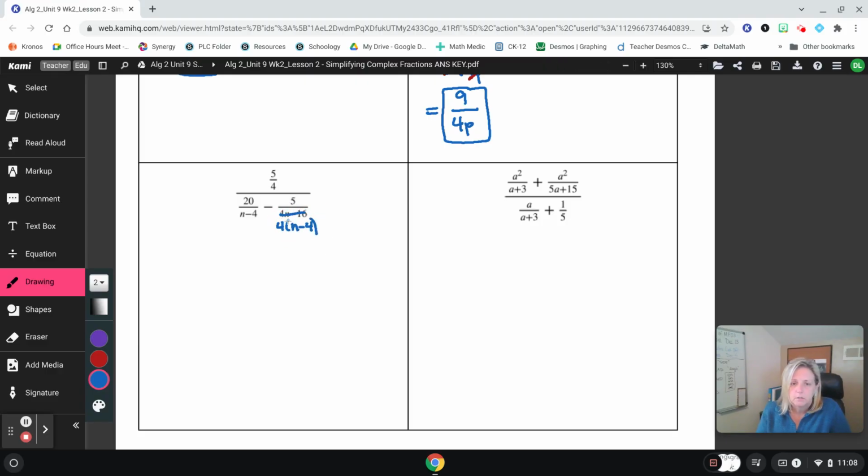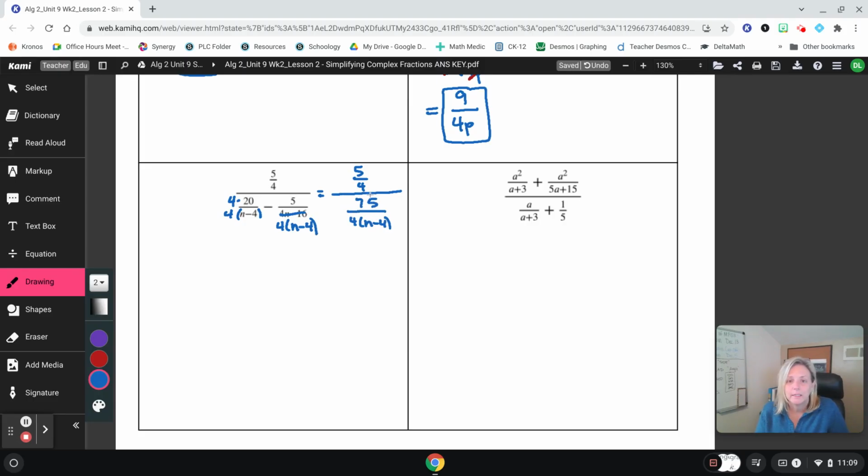So we can see this is our denominator, so we have to multiply the numerator here and the denominator by 4. That gives us a common denominator. And so this becomes 5 over 4 over, and now I'm going to simplify this. So I have one denominator of 4 times n minus 4. And my numerator is going to be 80 minus 5, which is 75.